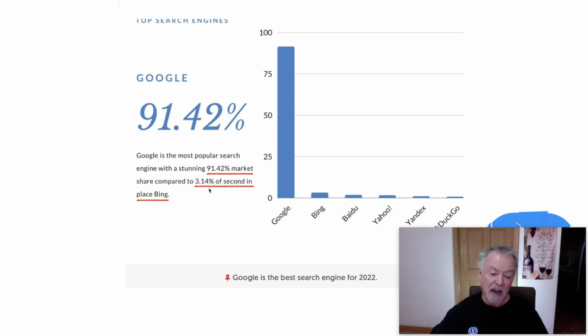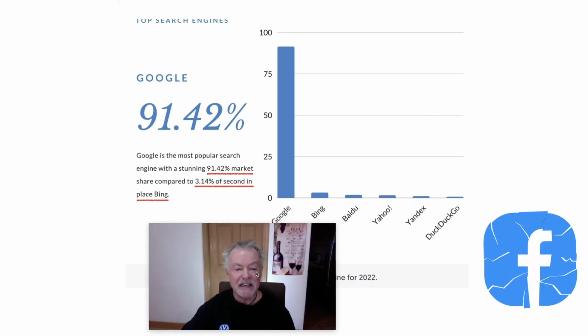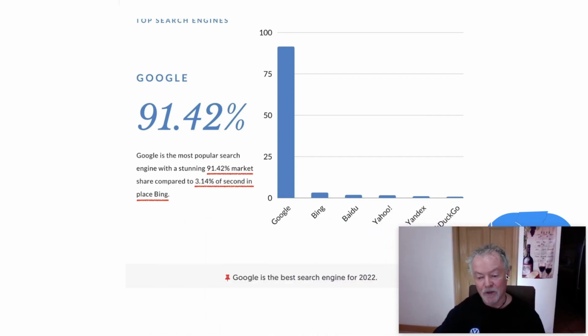The next rival is Bing at 3%, and Facebook isn't even in the top 10. So the question is, why spend money on Facebook, which isn't in the top 10 searches, when you can spend no more money and be on the number one search engine in the world? I mean, it really is a no-brainer.